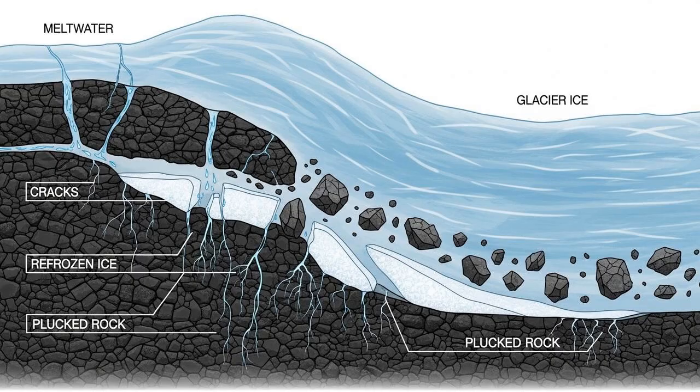The advancing glacier then simply plucks these fragments away, incorporating them into its icy mass and carrying them, sometimes for hundreds of miles. The combination of this constant grinding abrasion and forceful plucking, combined with the sheer weight of the ice, carves out a whole suite of distinctive landforms.